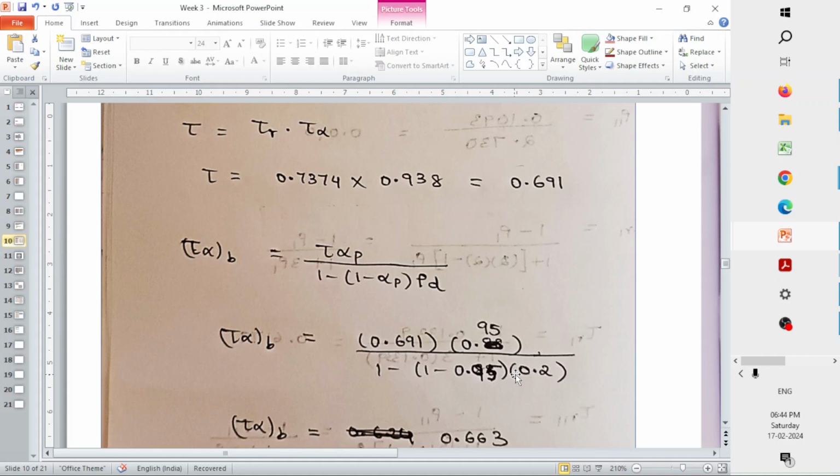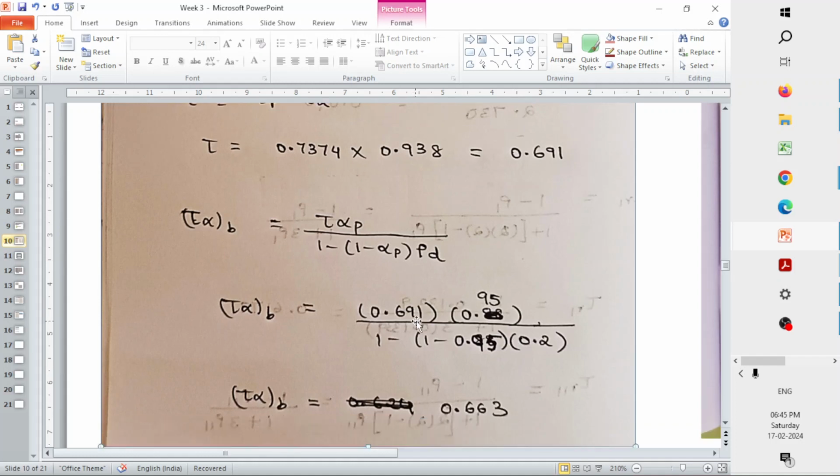This value you can actually assume as 0.2, because the diffusive reflectivity is taken as a constant 0.2, since it's a pre-calculated value for diffusive radiation. So you can take it as 0.2. If you calculate, your tau alpha b will be 0.663.